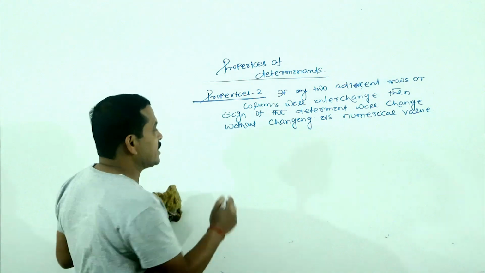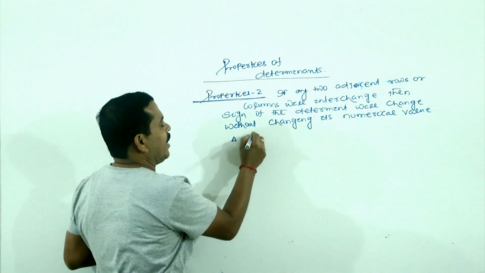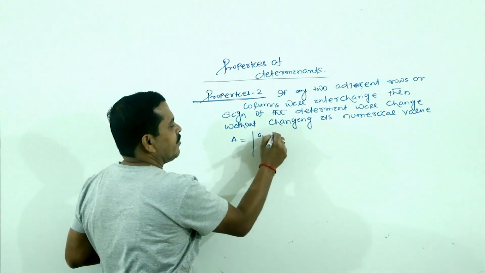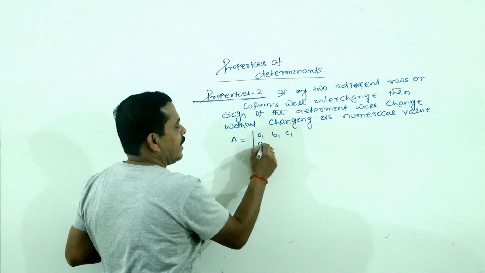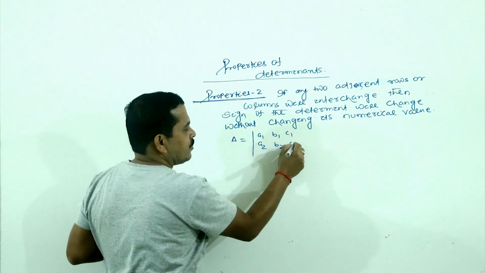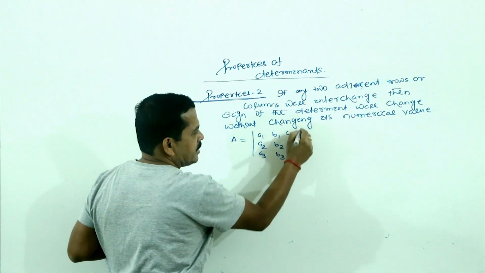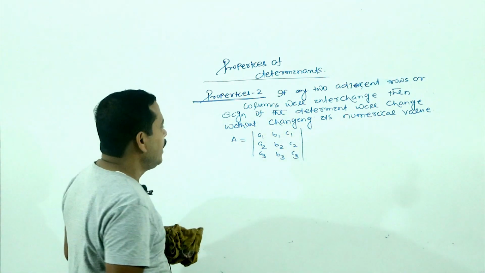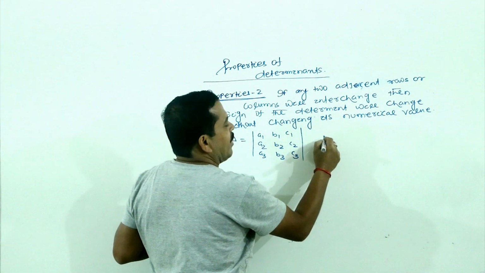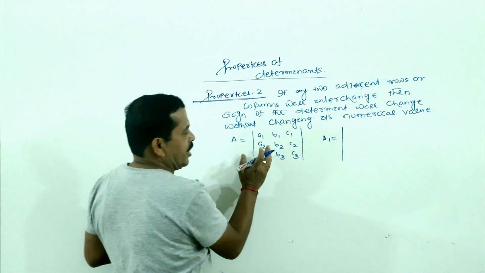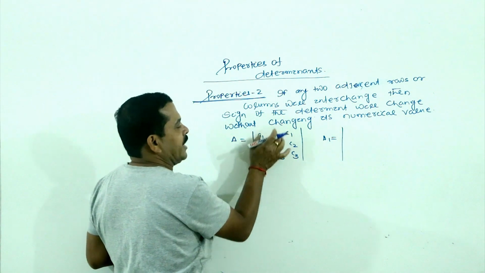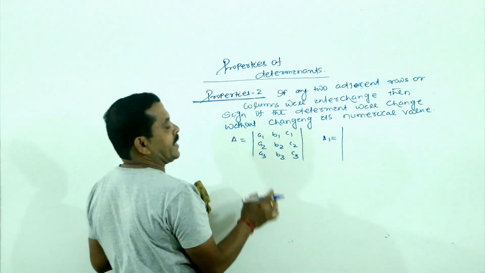That means, suppose del is a1 b1 c1, a2 b2 c2, a3 b3 c3. Suppose this is a third order determinant, and del 1 is where we interchange the second row as first row and first row as second row.